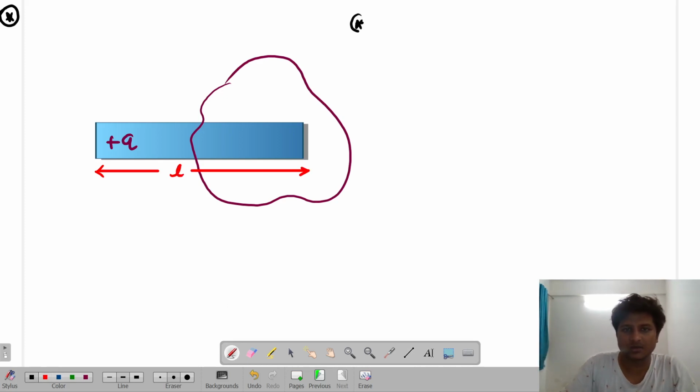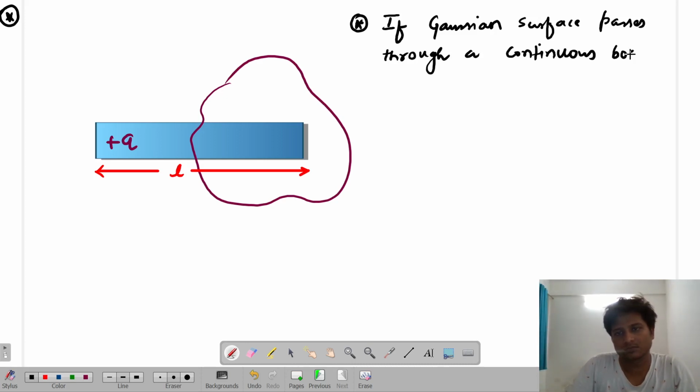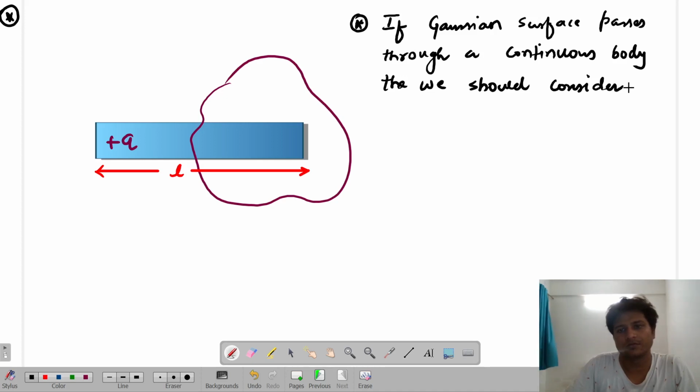The rule is simply saying that if the Gaussian surface passes through a continuous body, okay, then we should consider for the amount of charge enclosed in the Gaussian surface.